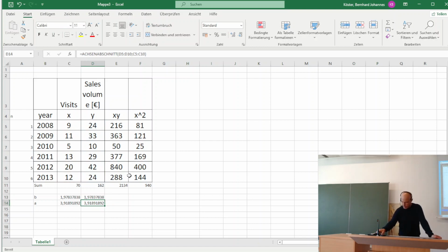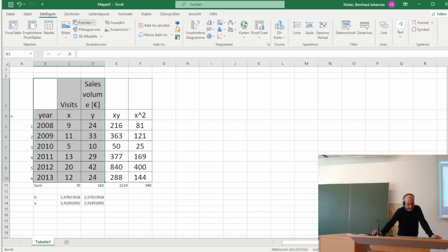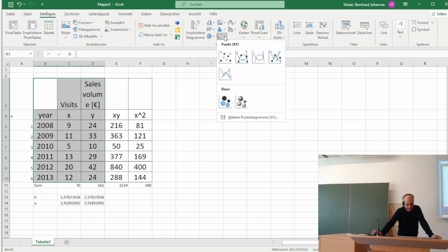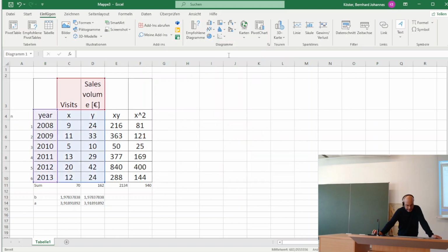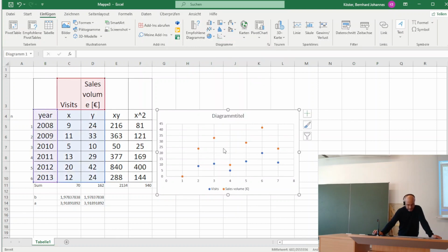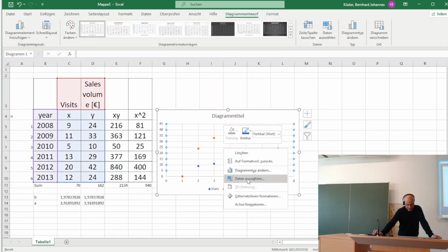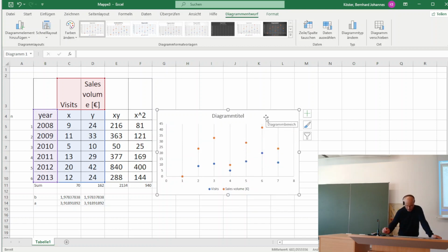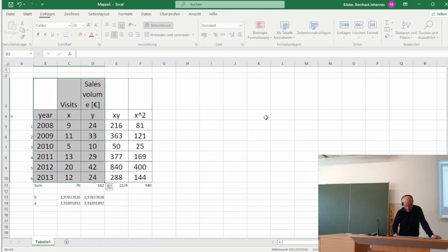And the third possibility you have to obtain is just taking your diagram. Oh, this is why, because I also took the years.